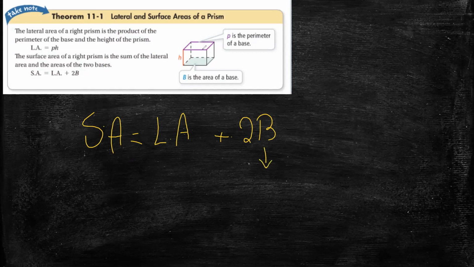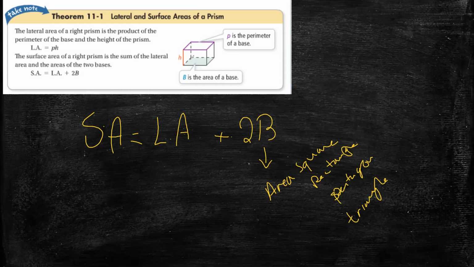To find the area of the base, it depends on the shape: the area of the square, the rectangle, pentagon, and so on, or triangle, hexagon, octagon, and so on.